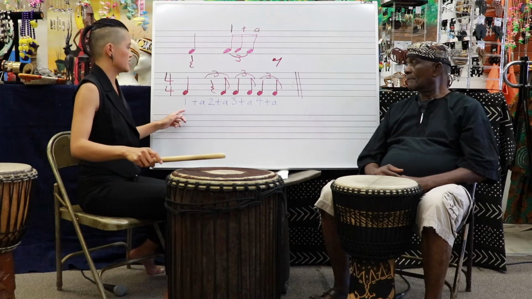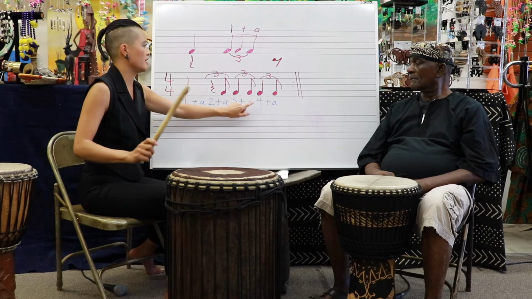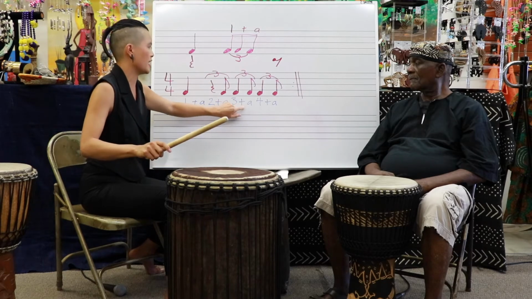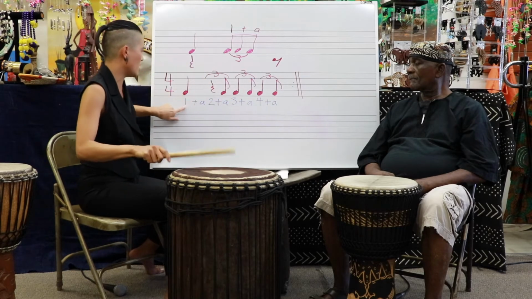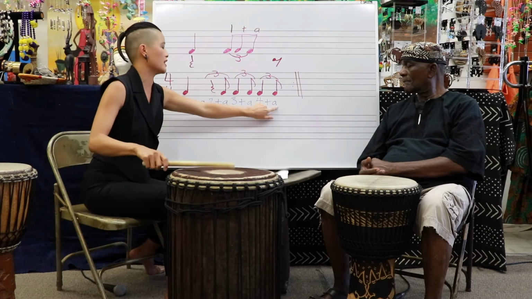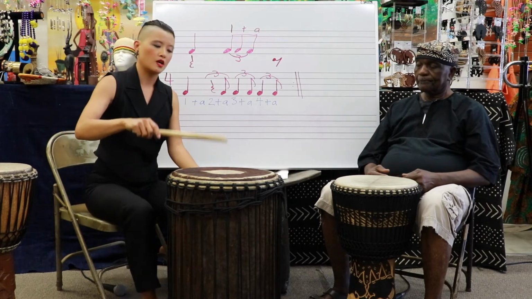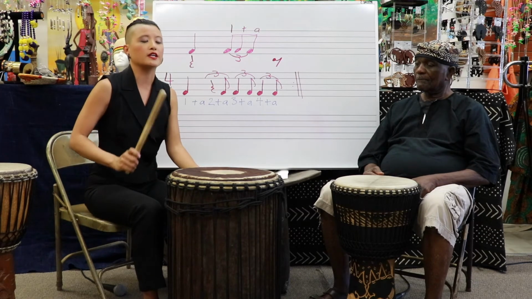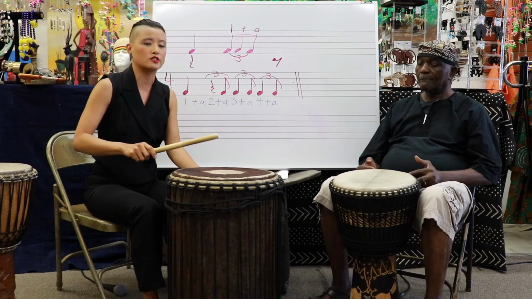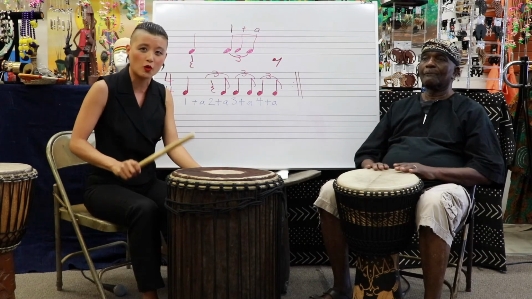So that sounds like this. 1 and 2 and 3 and 4 and 1 and 2 and 3 and 4 and. Okay, and faster, it sounds like this. 1 and 2 and 3 and 4 and 1 and 2 and 3 and 4 and 1.